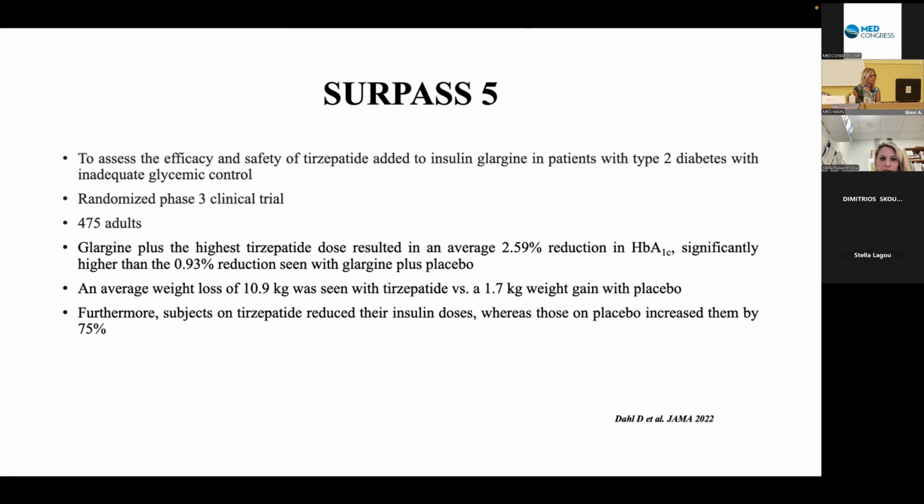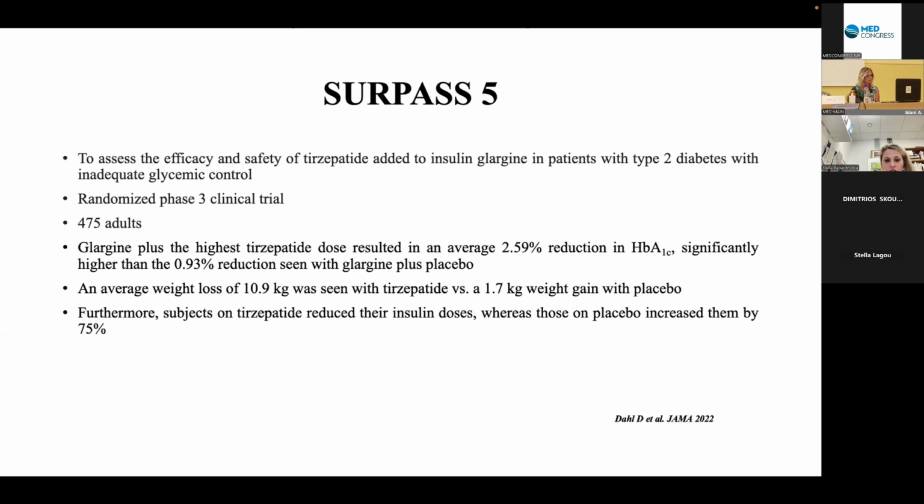Finally, SURPASS-5 tried to assess the efficacy and safety of tirzepatide added to insulin glargine in patients with type 2 diabetes with inadequate glycemic control. So, in this trial, glargine plus the highest tirzepatide dose was tested, and the results showed an average of 2.6% reduction in HbA1c, which was significantly higher than the 0.93% reduction seen with glargine plus placebo.